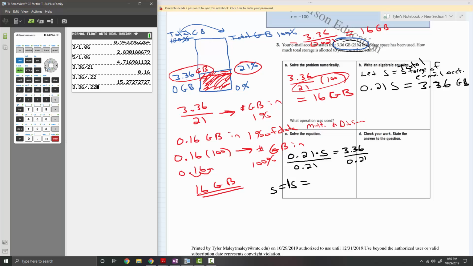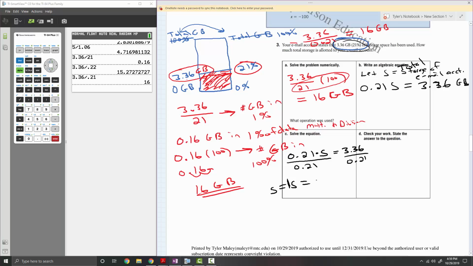I meant to do 0.21. We get 16, which is exactly what we got before, 16 gigabytes.